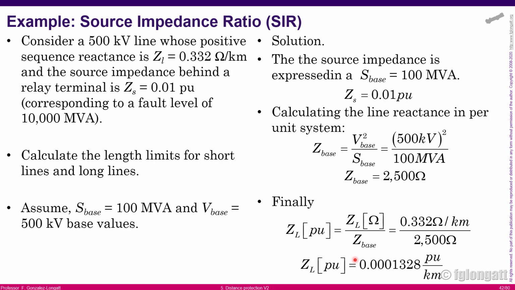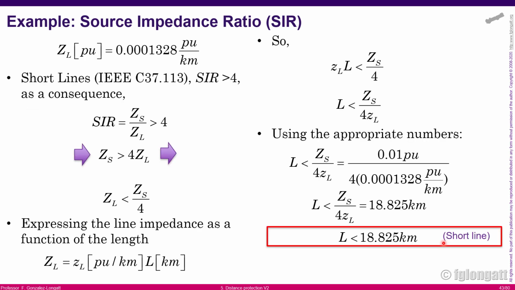It's very simple. We know that the impedance is 0.332 ohms per kilometer. We divide by the base, 2,500, and we get that small number of 0.0001328. What is the next step?